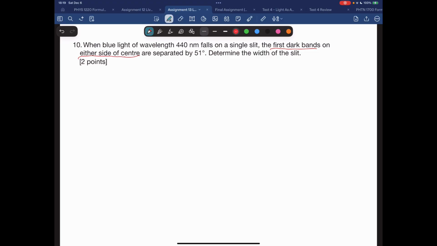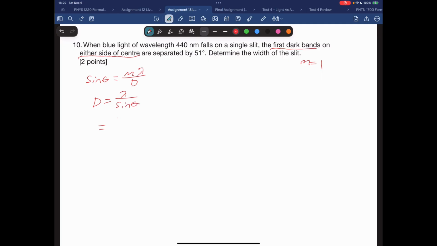So again, single slit diffraction. And so this is the first dark bands. So m equals 1. And we're asked for the width of the slit. So I'm going to rearrange this and substitute m equals 1 in. This here is now my formula.